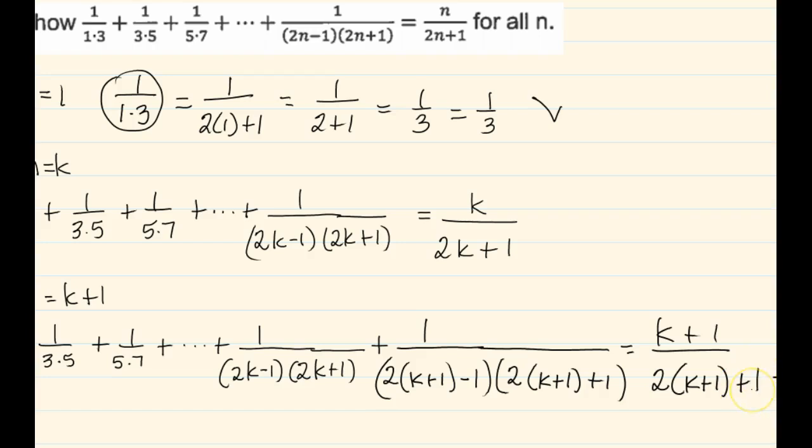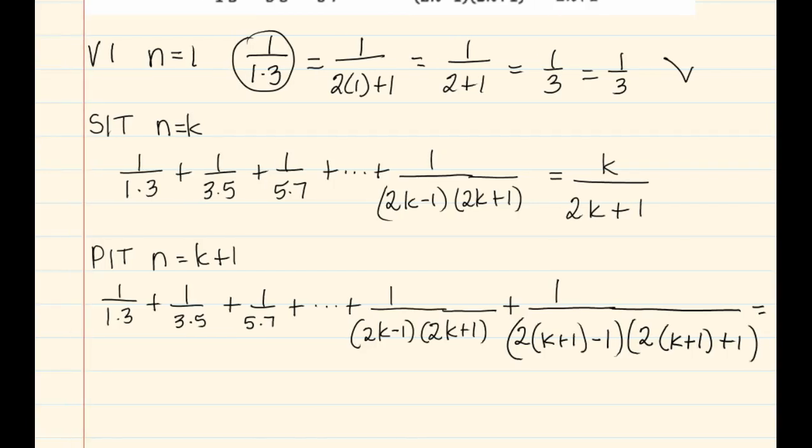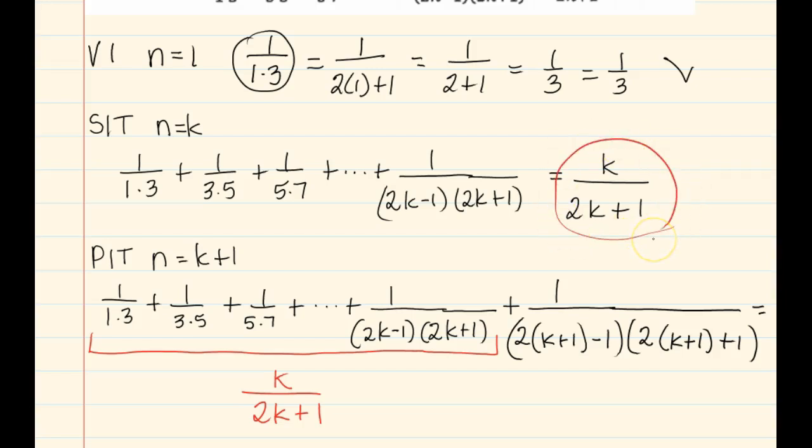So let's first start off with what we do know. What we do know is that from here all the way to here is exactly what we said in the sit portion, that this is equal to k over 2k plus 1. That's what we have up here. So we still need to add 1 over, so let's try to simplify some of this.